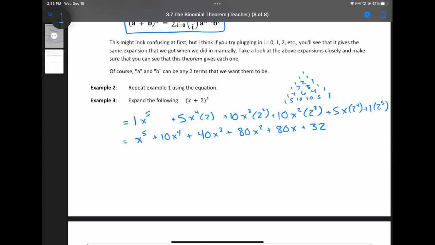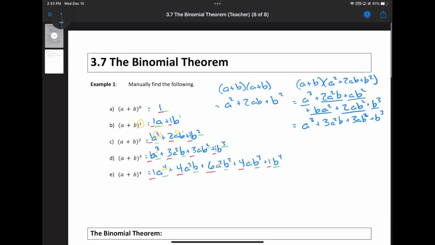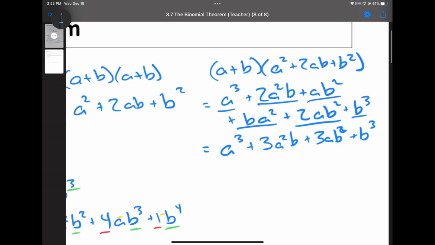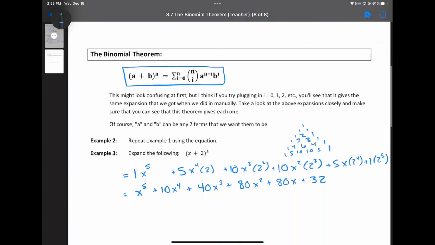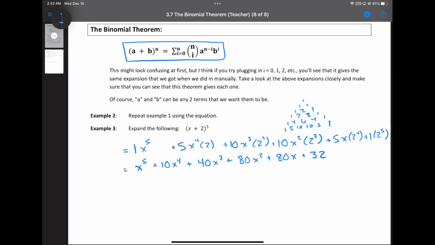So you've got to admit that that seems a lot faster than doing this one manually by first squaring it and then multiplying that by x plus 2 again, then multiplying that by x plus 2 again, and then multiplying that by x plus 2 again, and trying to get some nasty thing that looks like this. We don't want that. So we now have a real great shortcut to be able to expand binomials.